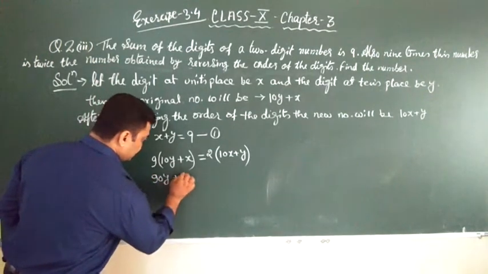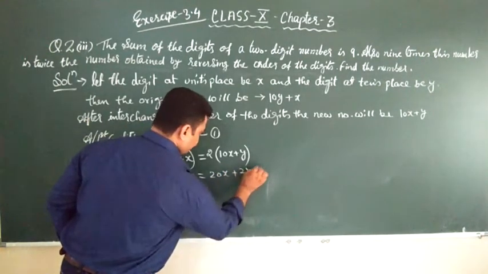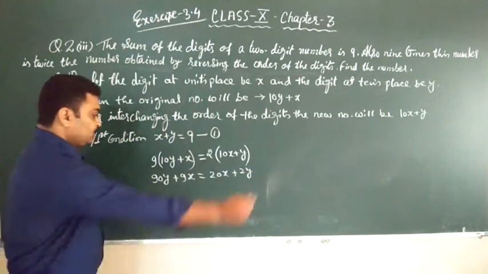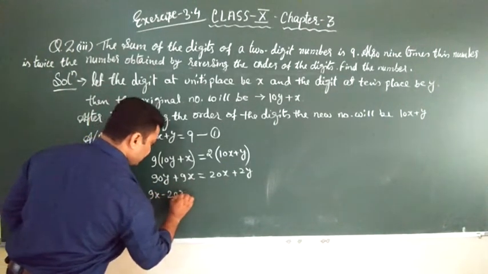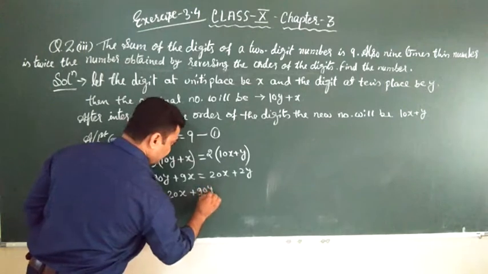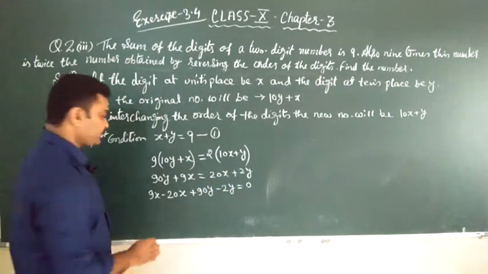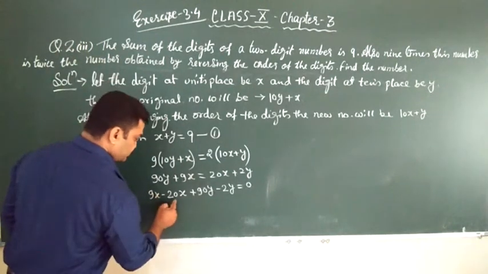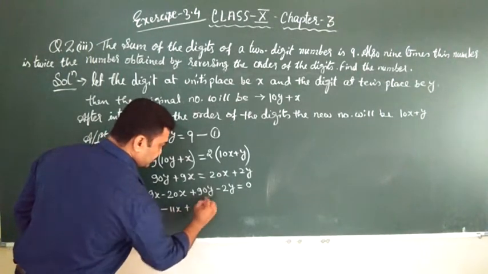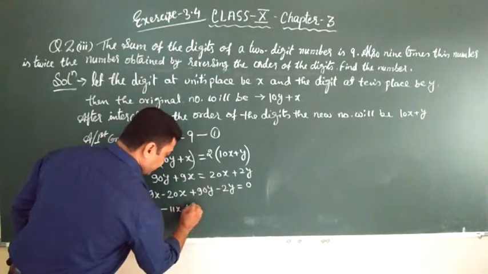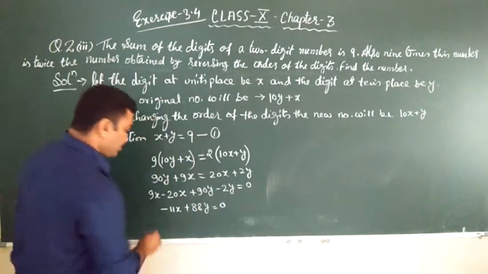90y plus 9x is equal to 20x plus 2y. Clear? Now, 9x minus 20x plus 90y minus 2y is equal to 0. Clear? 9x minus 20x, that is minus 11x, plus 90 minus 2, that is 88y is equal to 0.